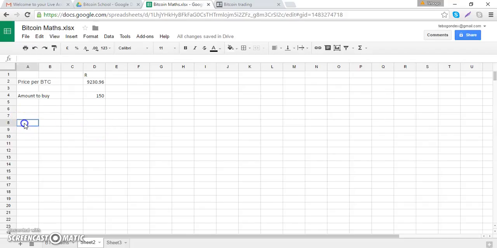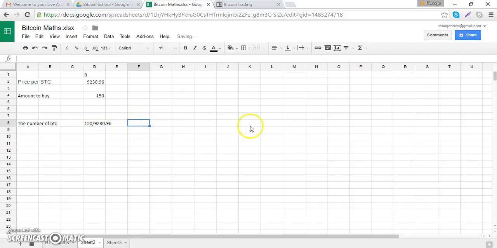You can therefore say the number of BTC, which stands for Bitcoin, it can be equals to 150 divided by 9230.96.